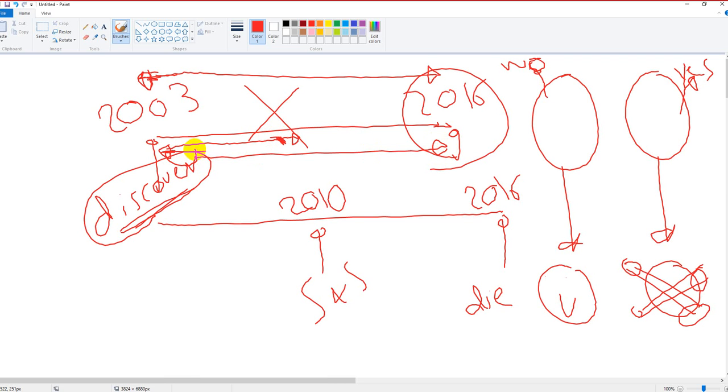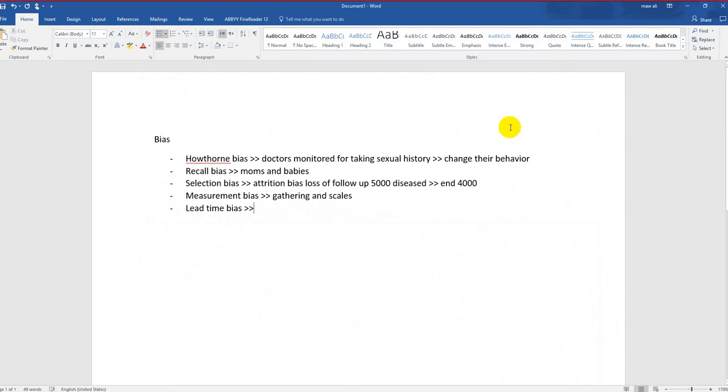It doesn't change the outcome. They're still going to die in 2016. So why would we discover it and let them live with the stigmata of having it? They most commonly ask you about prostate cancer. That's why we don't have a screening test.